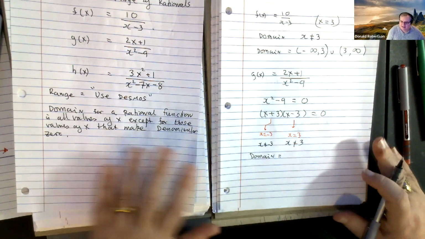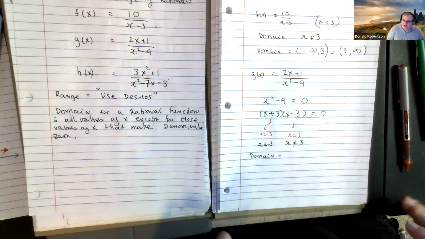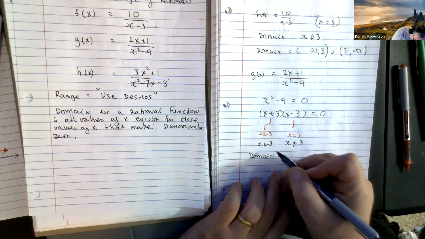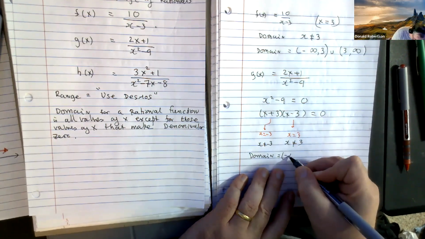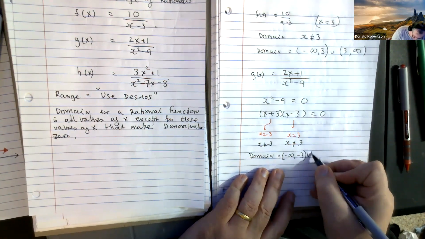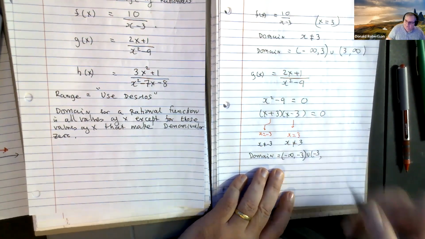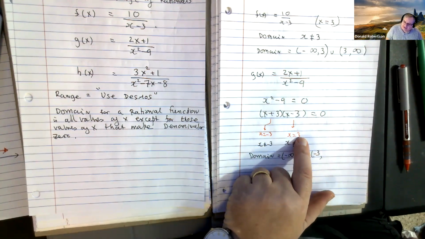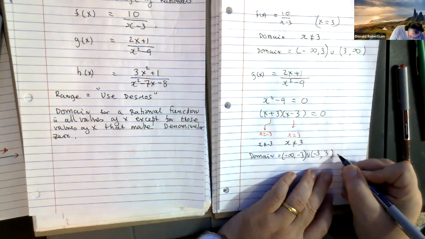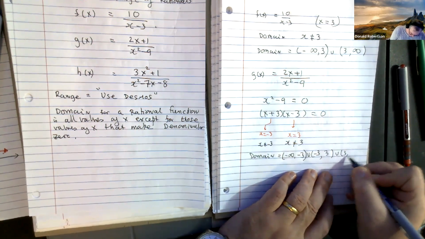Really, truly, interval notation is not very elegant in these circumstances. I don't want to use -3, so I go -infinity to -3, curve bracket, union, -3. But I then can only get as far as 3, and then I go 3 to infinity.